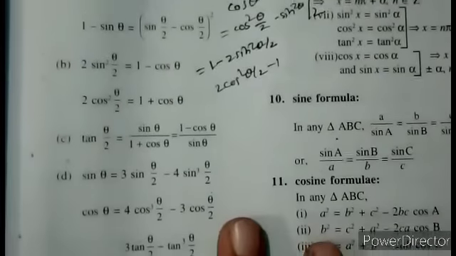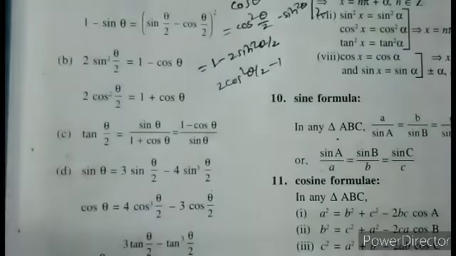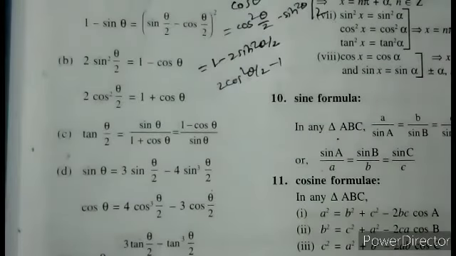Then come to the formula, tan theta by 2 is equal to sin theta upon 1 plus cos theta. Okay, this is the formula.